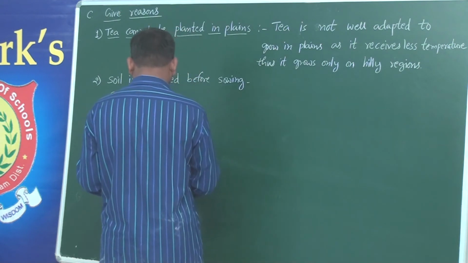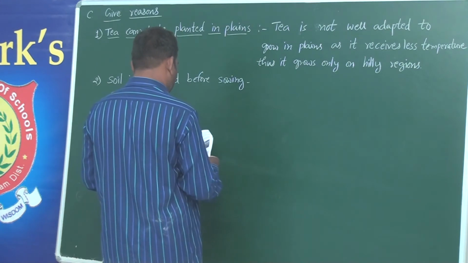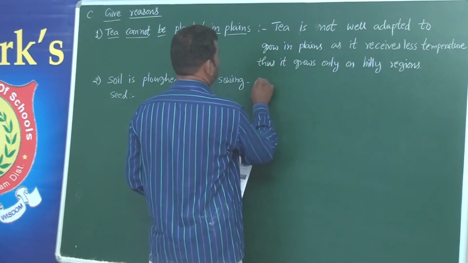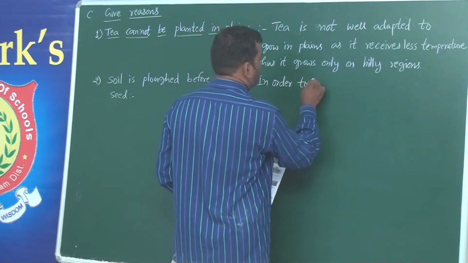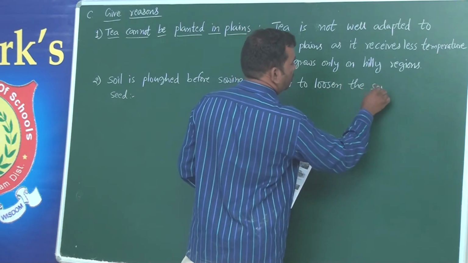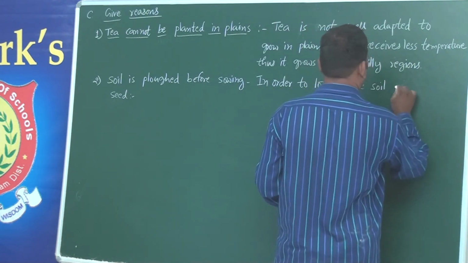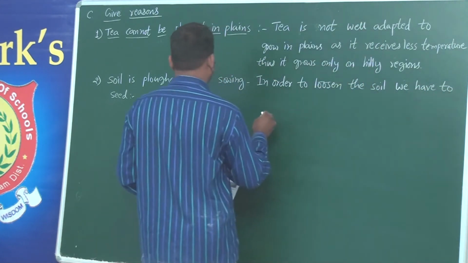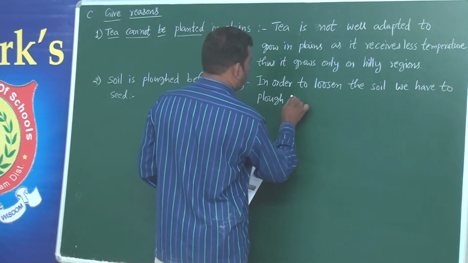The reason is, in order to loosen the soil, we have to plough it before sowing seeds.